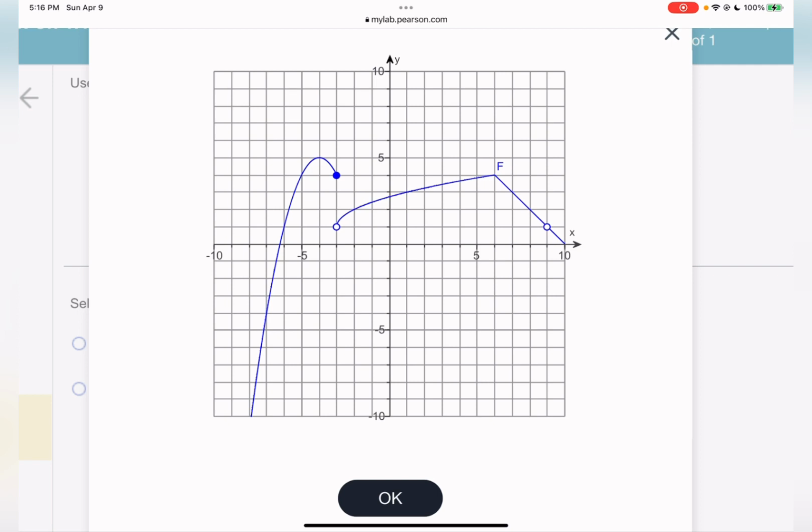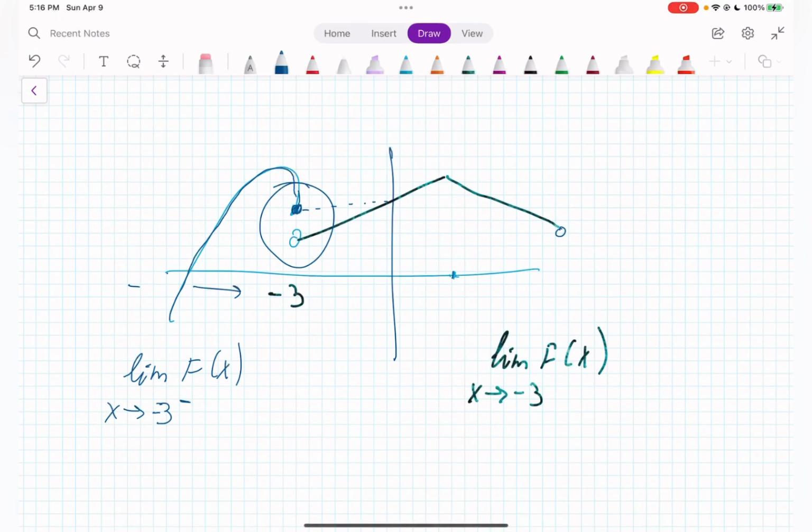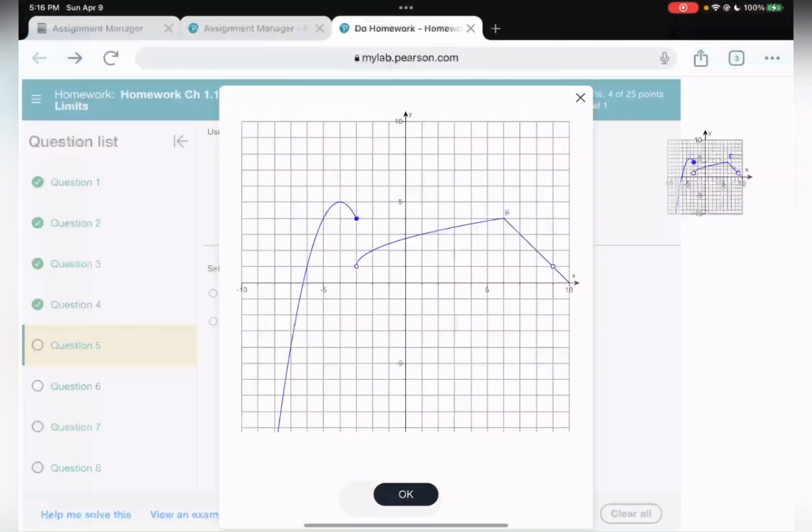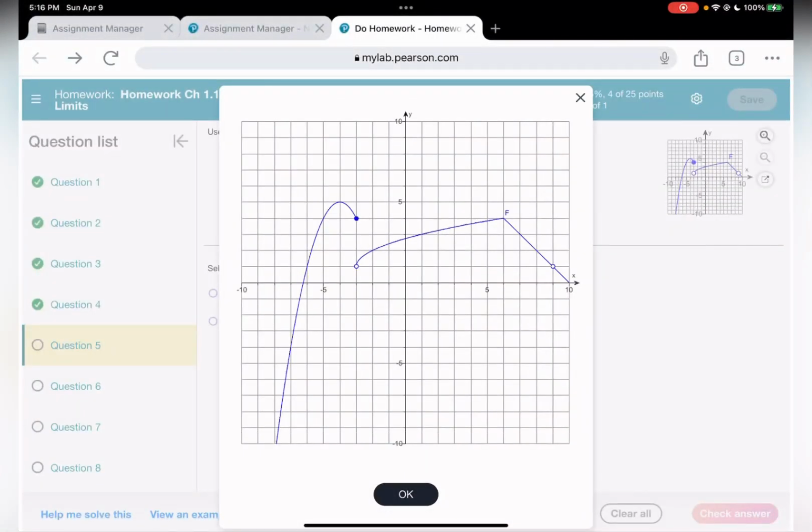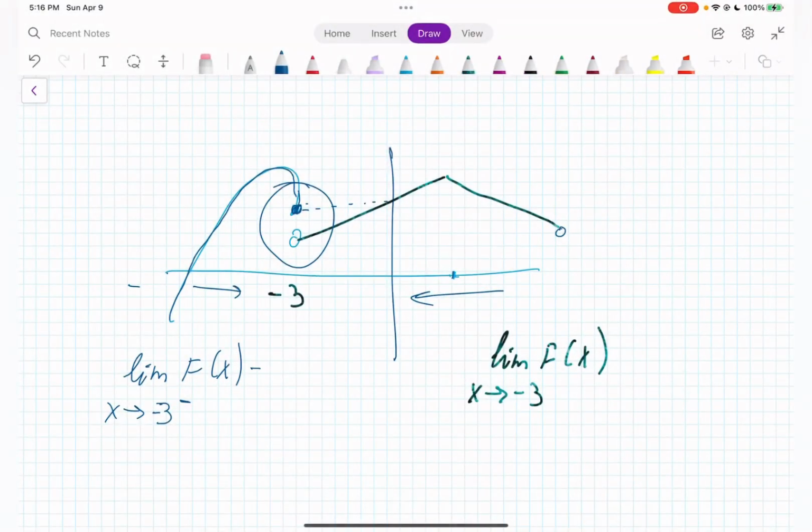Let me show you here. From the positive side, how much was that? Positive 3? I forgot. No, positive 4. Y is going to be positive 4 at the point of negative 3 when x approaches negative 3 from the negative side. So it's going to be positive 4.